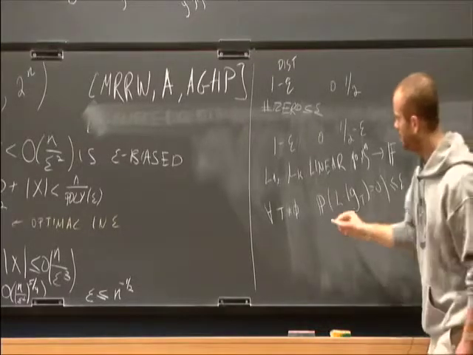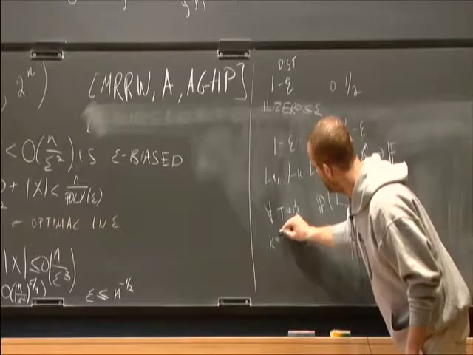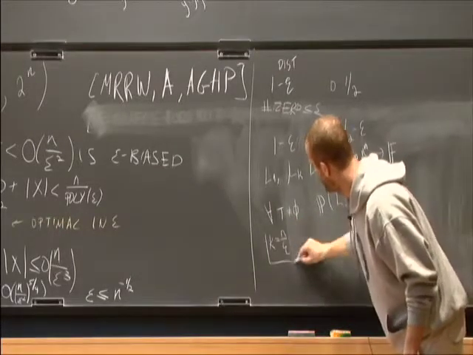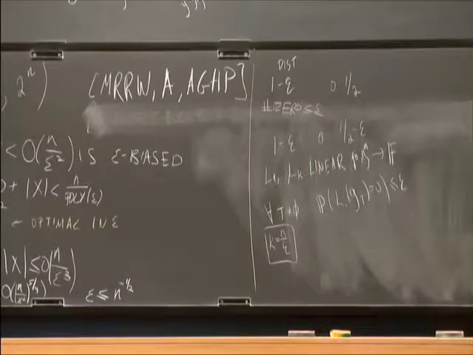And this K was n over epsilon in our construction. We had n over epsilon linear maps.